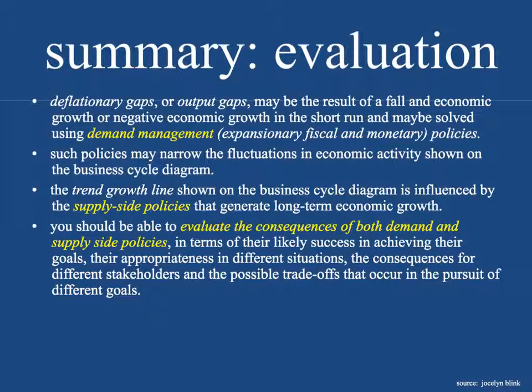So supply side policies will bring about economic growth in the long run, and demand side policies will help manage the actual economy so that it stays as close to that long-term potential growth trend as possible, so there's not a vast fluctuation, because vast fluctuations in the economy make governments unpopular, and they don't like that.